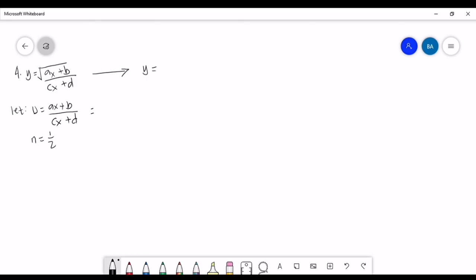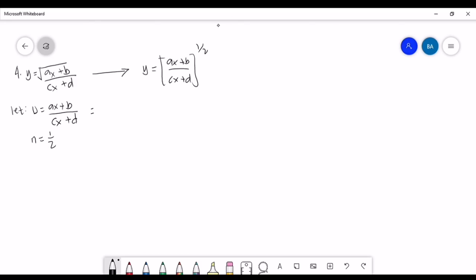It's because this is the square root of ax plus b over cx plus d raised to 1/2. So our n is 1/2.